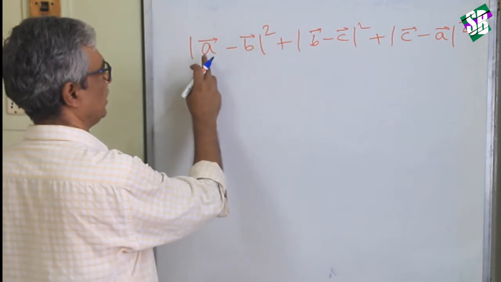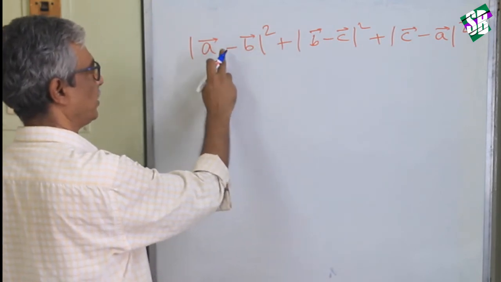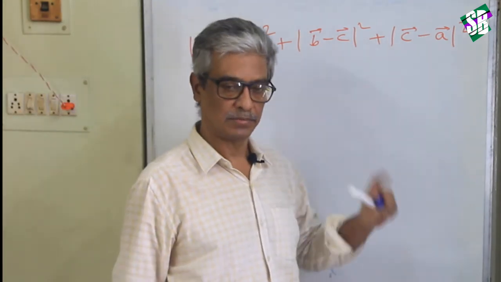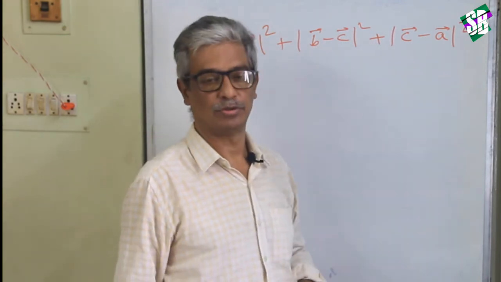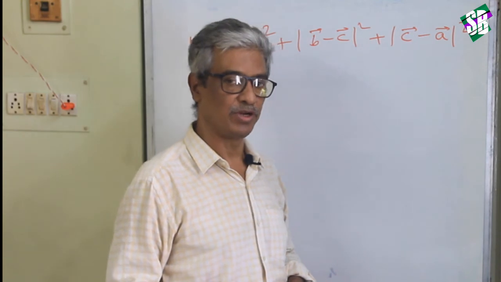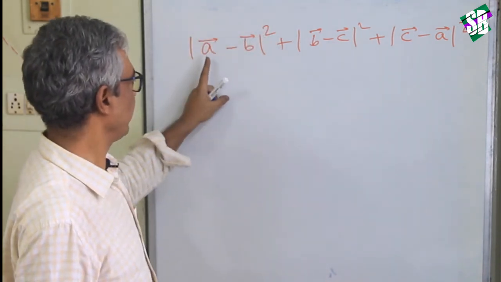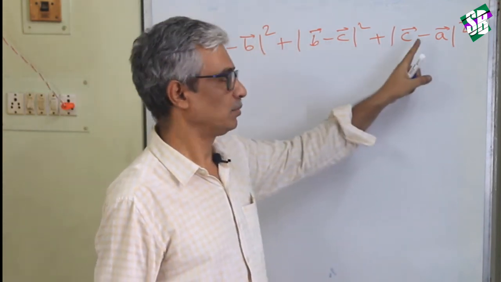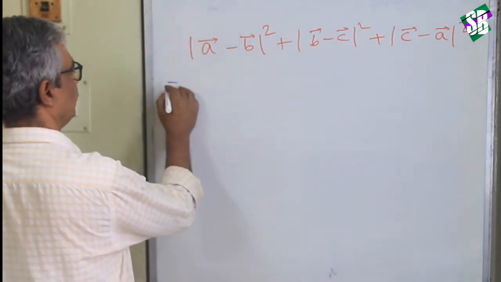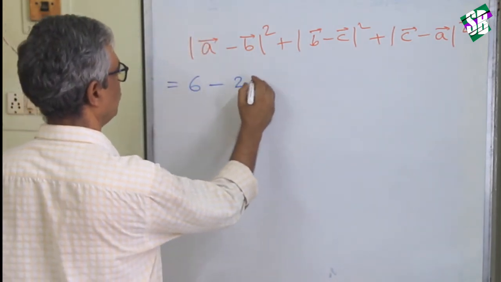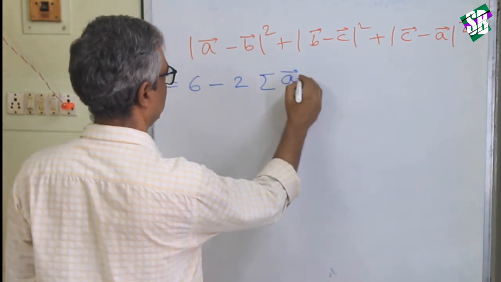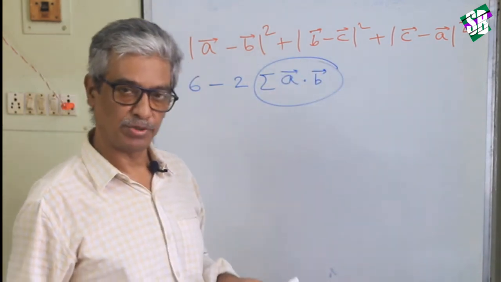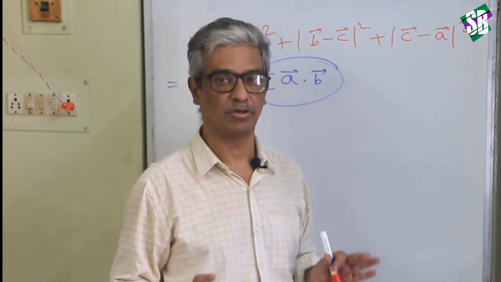So this is a vector squared plus b vector squared minus 2a vector dot b vector. Similar terms come from this term and this term also. And here a vector, b vector, c vector are unit vectors. So the contributing factor is from here you are getting 1, 1, 1 plus 1 plus 1 plus 1 means 6. So what you are getting is 6 minus 2 summation a vector dot b vector. Summation a vector dot b vector means a vector dot b vector plus b vector dot c vector plus c vector dot a vector.